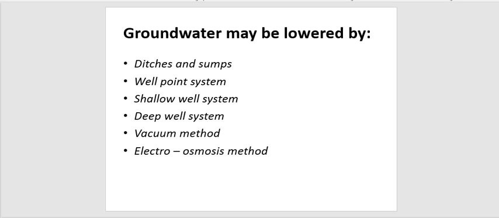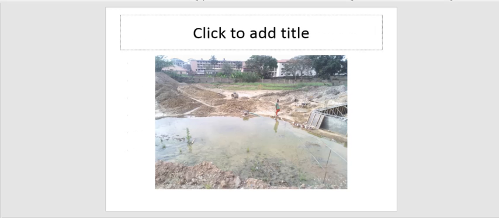I think I need to tell you how I do mine. How do I drain my site? I use the ditches and sump method. Now you saw an area there. I could have loved to take you down there. So the young man is trying to help us drain the water, and we are moving at that pace. Let me show you. Okay, we graded a lowered area.